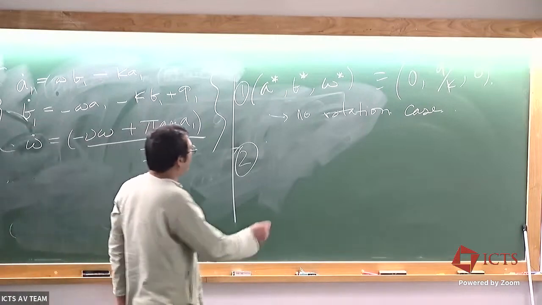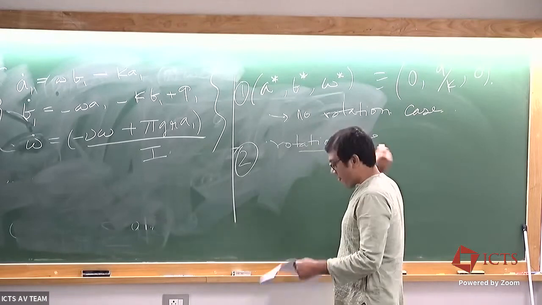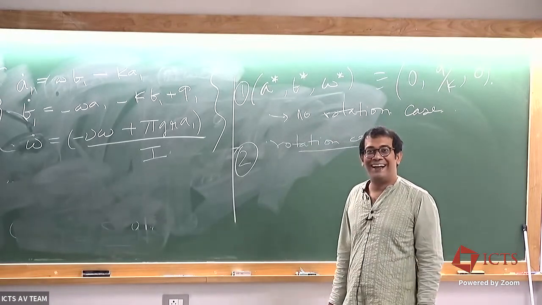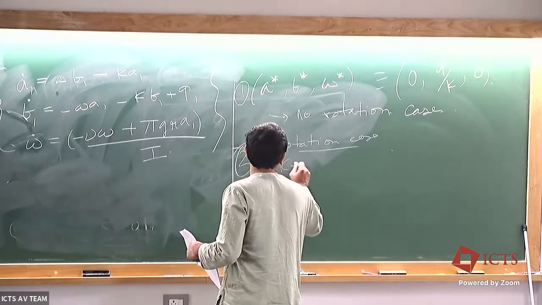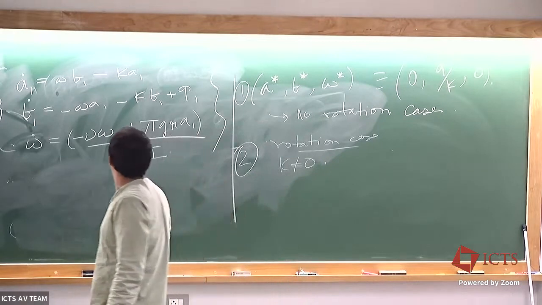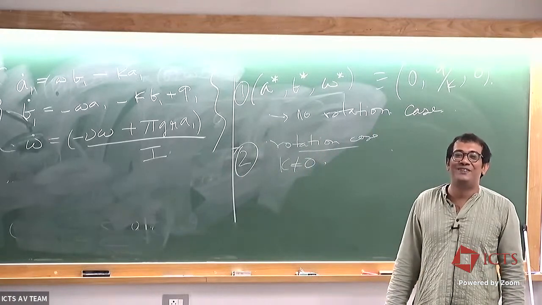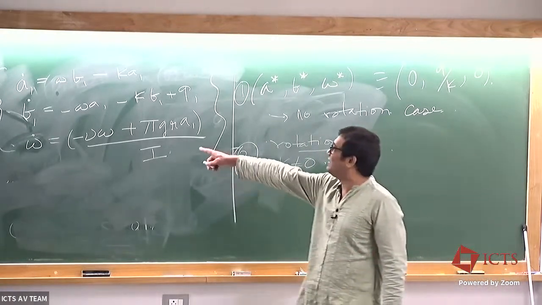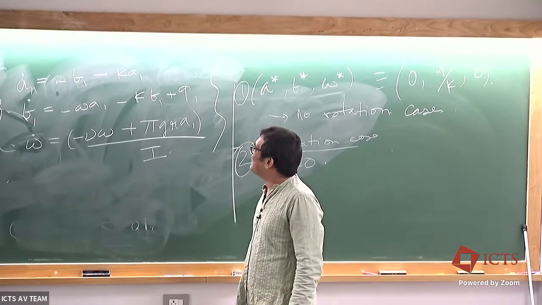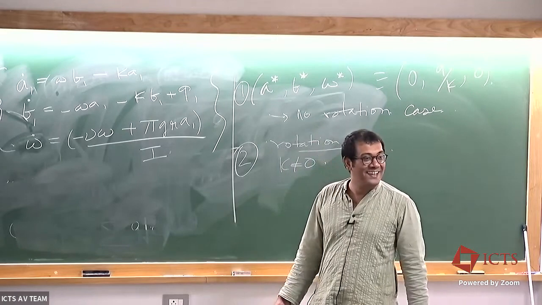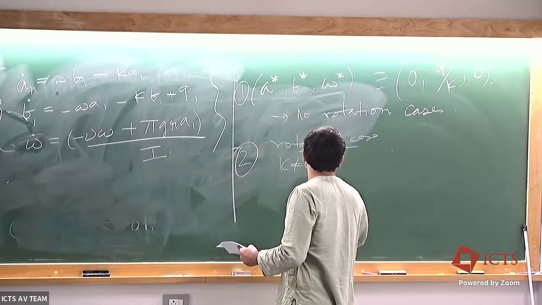And then there is another fixed point, which is the rotation case. And this is the interesting one. Here you assume that kappa is not equal to 0, and you make the substitution.